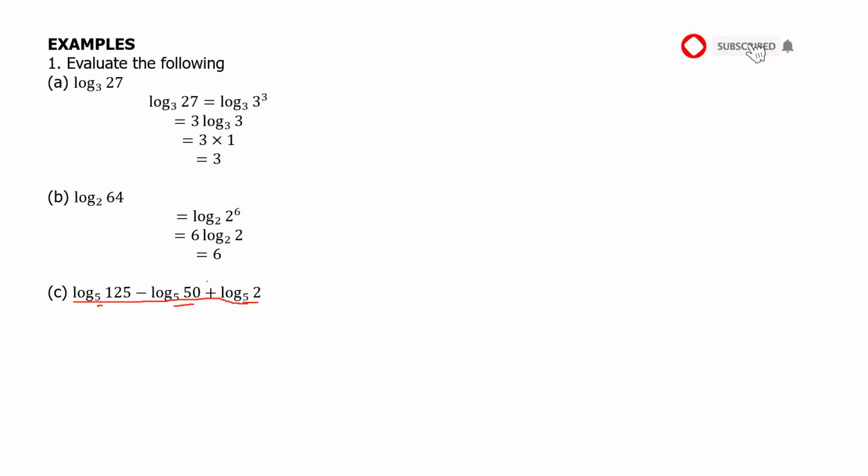We are seeing here we have an addition, so we shall need to multiply the 125 times the 2. Then the minus here implies that the 50 will divide the multiplication of these two. So this is what we have on the next step: log of 125 times the 2 divided by 50.